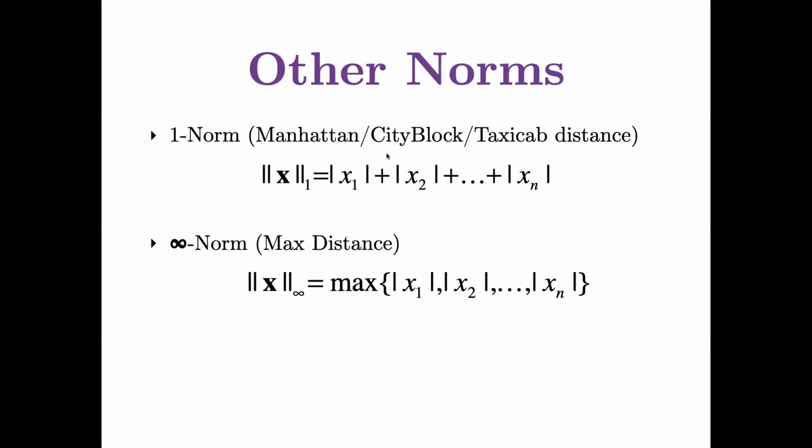It's called the city block distance because if you think about getting from point A to point B in the city, you have to move along streets. So this would count the number of blocks that you traverse on the most direct path from point A to point B. The infinity norm, also known as the max distance, is just the maximum absolute value of the entries in the vector.